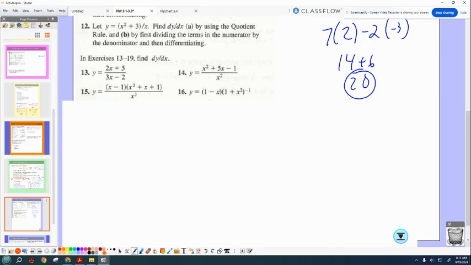What is this multiplied out? Let's see. x cubed plus x squared plus x minus x squared minus x minus 1. So that numerator multiplies out to be x cubed minus 1 over x cubed.